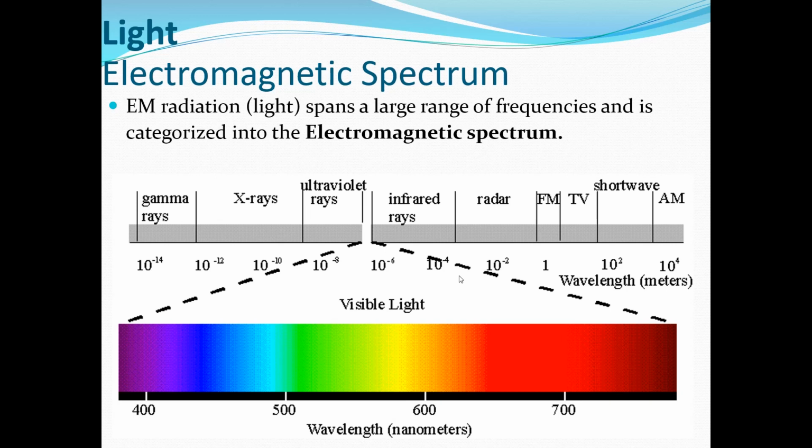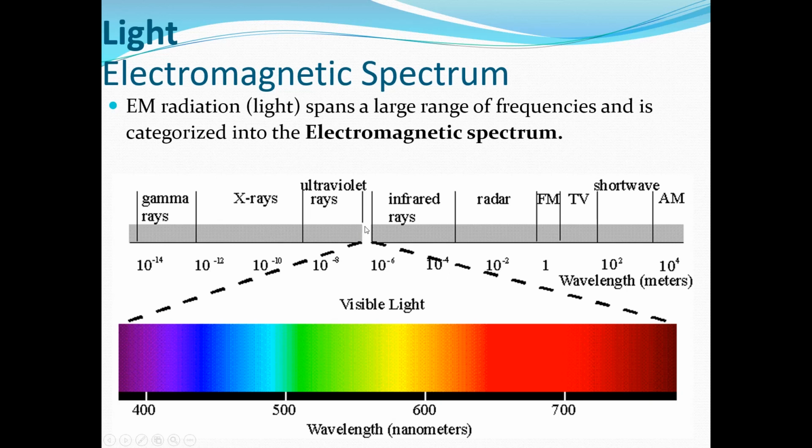Now, light is a huge spectrum. It's categorized and split up into different frequencies, which we call the electromagnetic spectrum. So you have things like the gamma ray, with wavelengths between 10 to the negative 12 to 10 to the negative 14th. Then you have X-rays, ultraviolet rays, visible light.